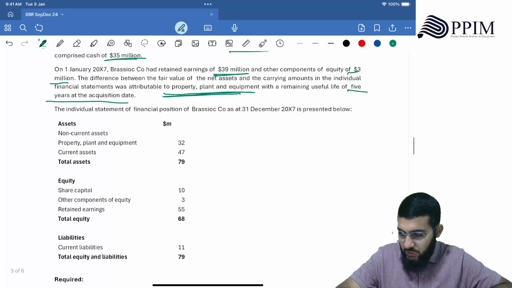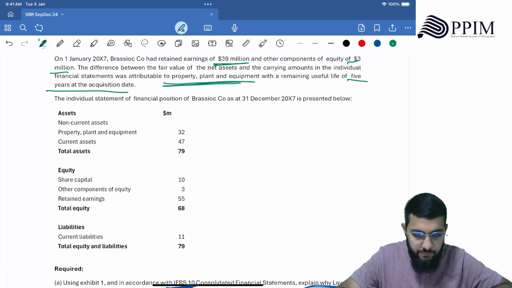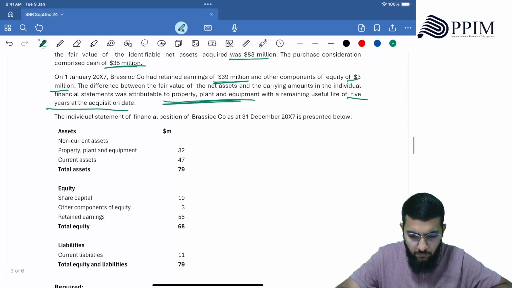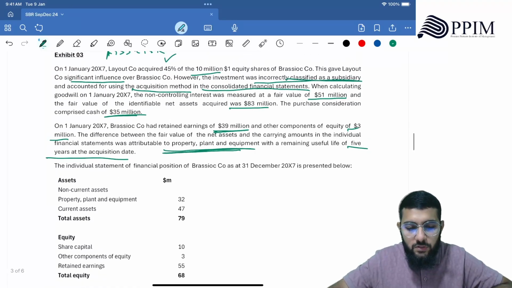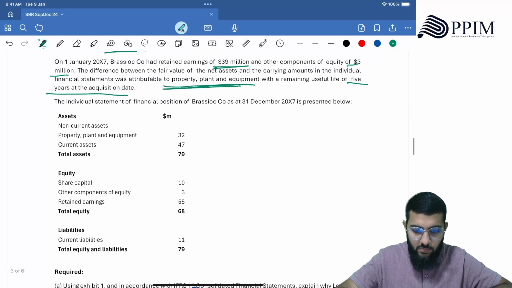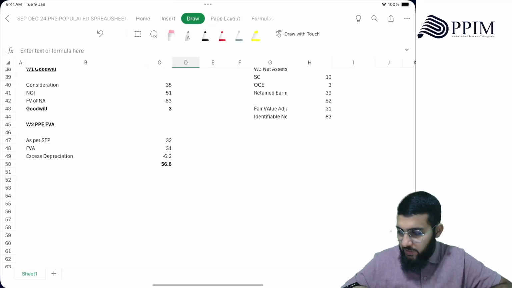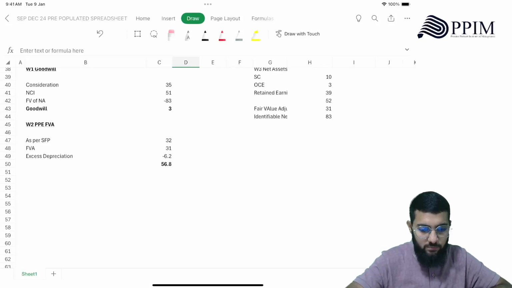Retained earnings at reporting date was, right, retained earnings they've given here is 55. Okay, at reporting date it was 55.